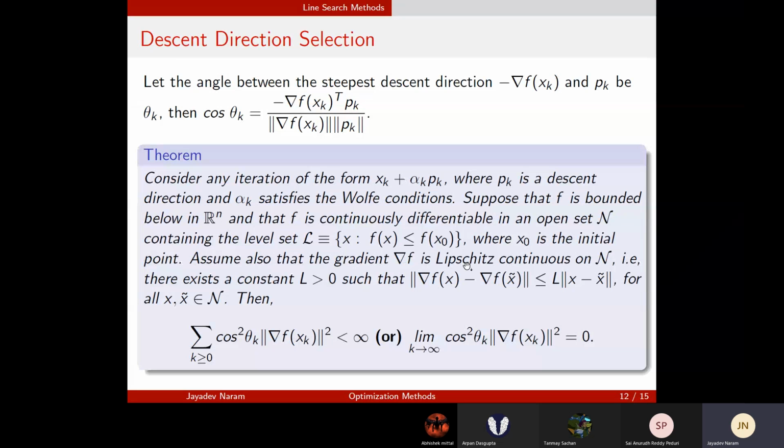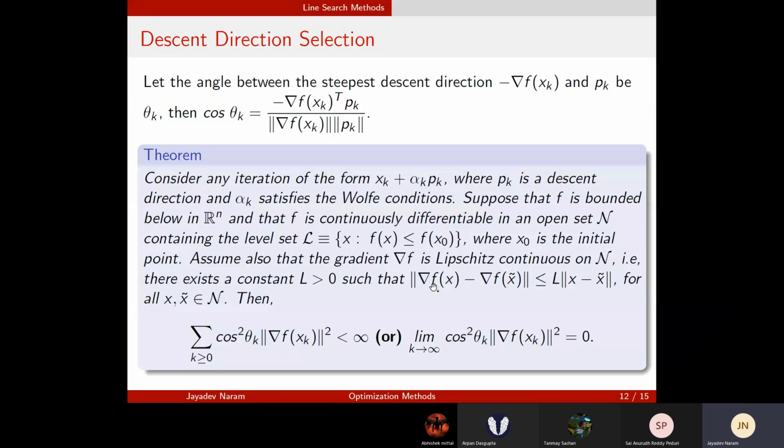And then we need one additional condition, which turns out to be a very critical condition for guaranteeing the result. This additional condition is the Lipschitz continuity of the gradient on this open set N. What this Lipschitz continuity says is, if your gradient function grad f is Lipschitz continuous, then there exists a constant L greater than 0 such that this inequality holds for all the points in your neighborhood.